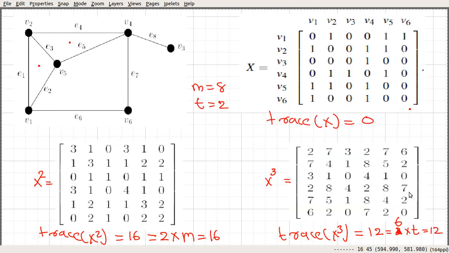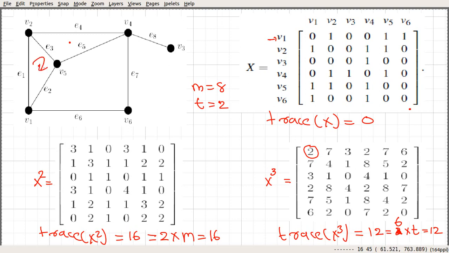For example, if you look at this example, we can see that if you consider this 2, here it corresponds to V1. So the number of triangles that contain V1 as one of the vertices is this one: V1, V2, V5, and the other way, V1, V5, V2.